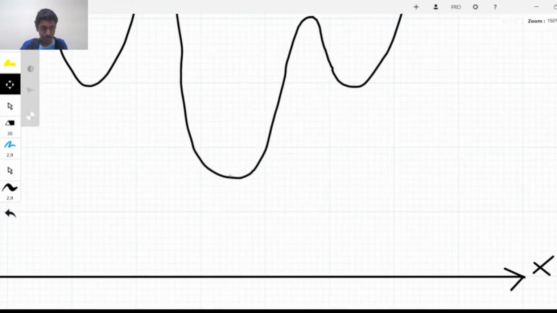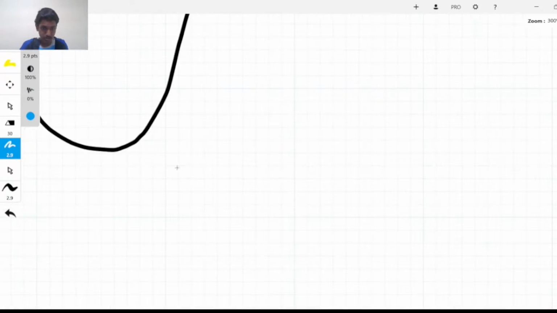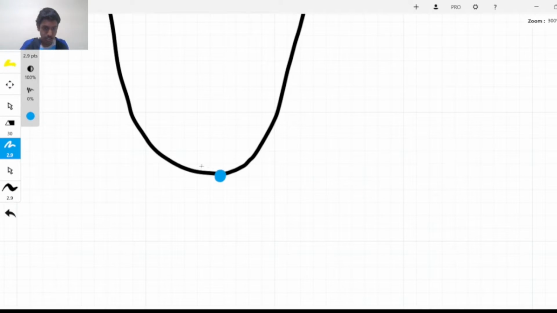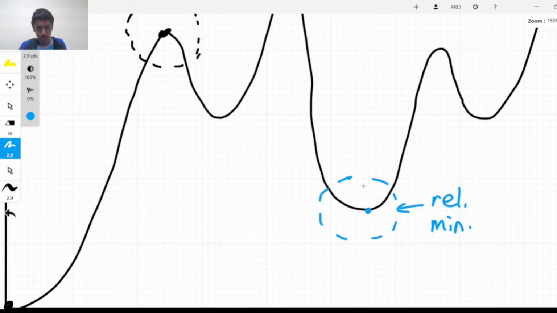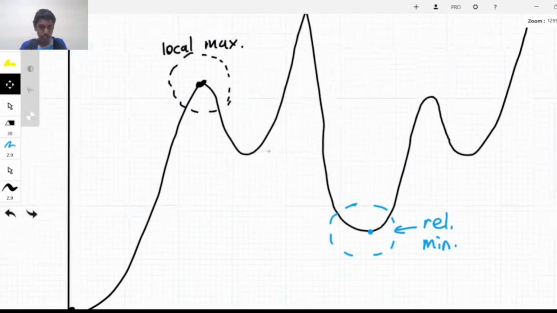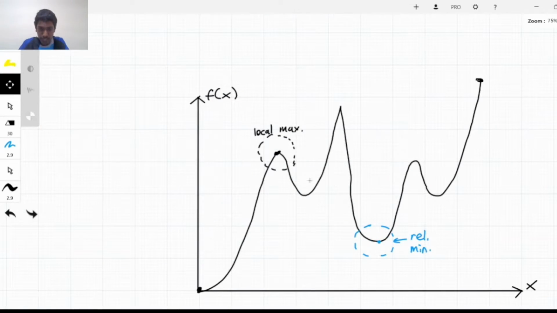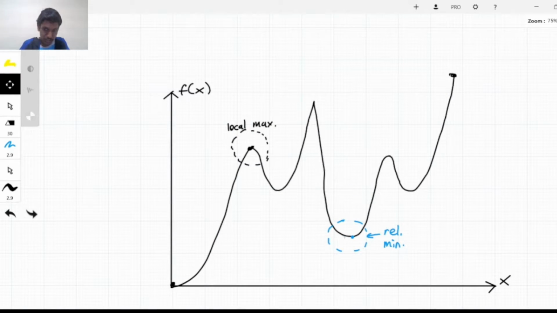And down here, this point, which I'll do in a different color, you can see it's clearly lower than its immediate neighbors, and so we get a relative minimum. Note that the terms local and relative basically mean the same thing in this context.